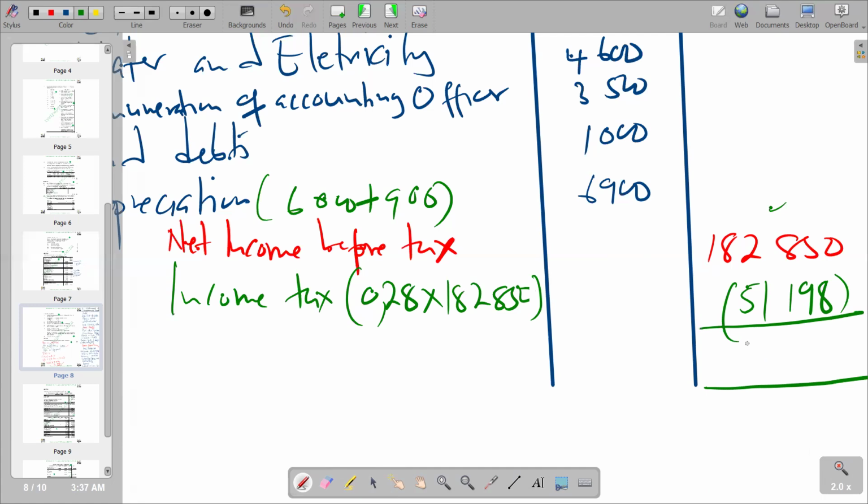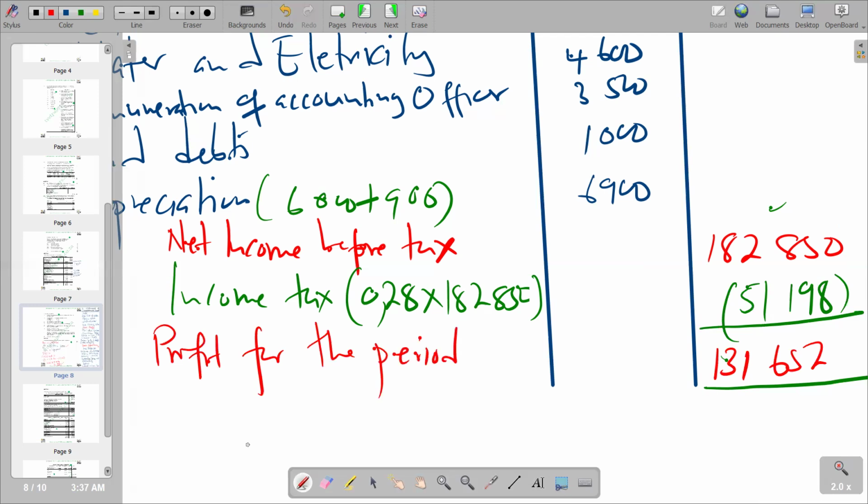You're going to get 131,652, which is going to be your profit for the period. So this is the last item on the calculation of the profit for the period, 131,652, being a positive figure.